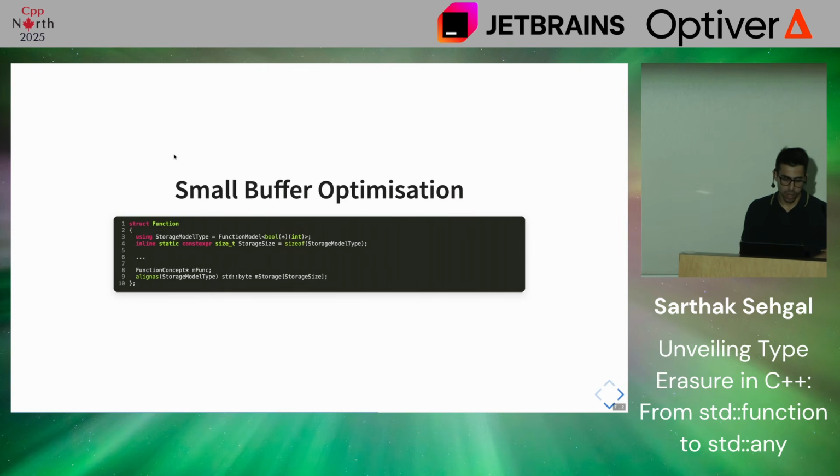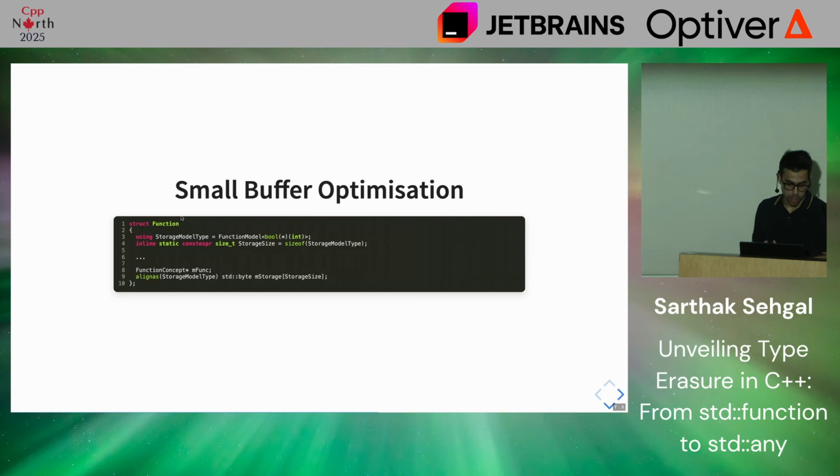So here I have, just for an example, a storage model type, which defines the threshold size of my stack allocation. If this function gets a type which is of the storage size or smaller, it's going to construct the function in place on the stack in the byte storage, M storage. And if the size of the type being passed is bigger than that, it's going to do heap allocation.